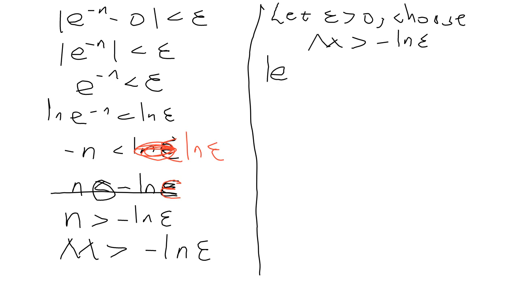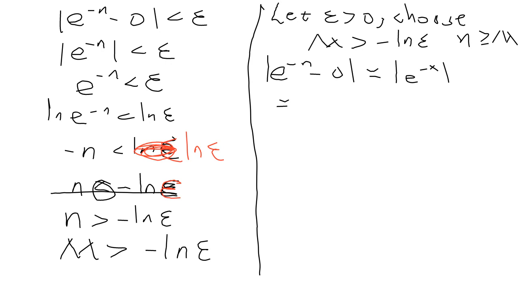E to the minus n minus 0. This time I'm going to work in one line so I can just have space, is equal to e to the minus n. Of course, remember that n is going to be greater than or equal to it.